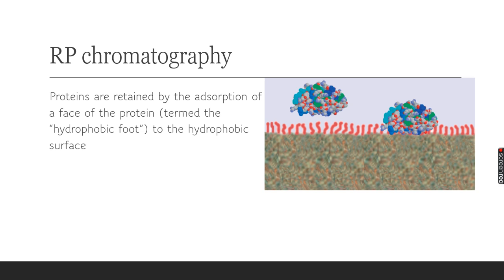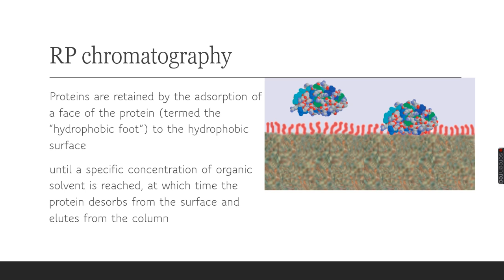The exposed hydrophobic patch interacts with the surface, and it will remain bound to the hydrophobic surface unless we have some solvent to replace it. We need an organic solvent reaching some specific concentration, then it will kick it out. So when you elute the compound from the column, we need to change the polarity of the solvent to take it out.